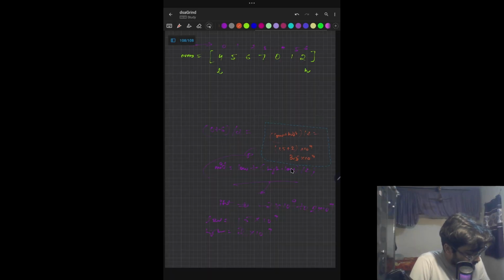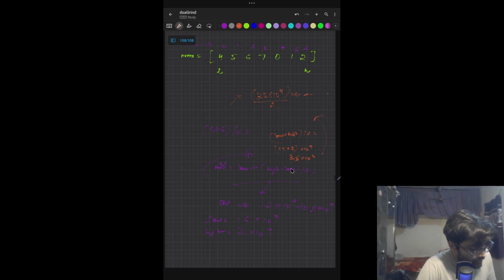Okay, if you see that 3.5 times 10 to the power 9 divided by 2, this has already overflowed, right? It would be a negative, very big number, because integer max has only this range.